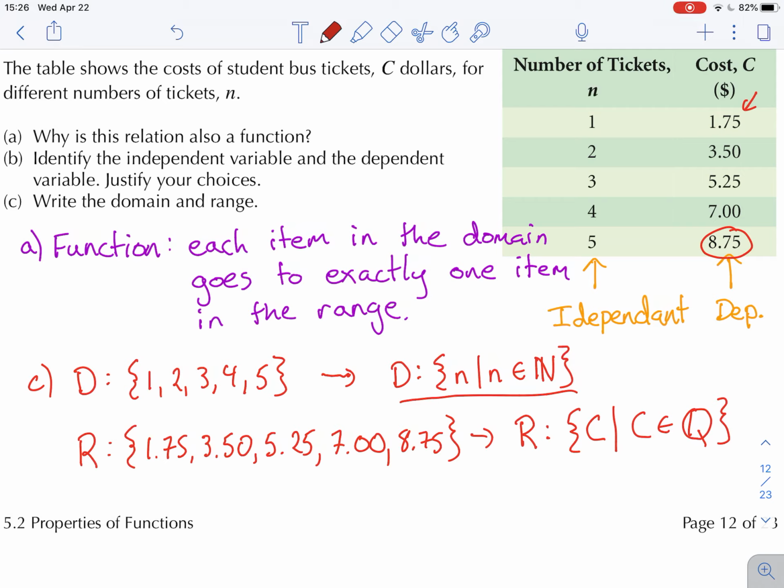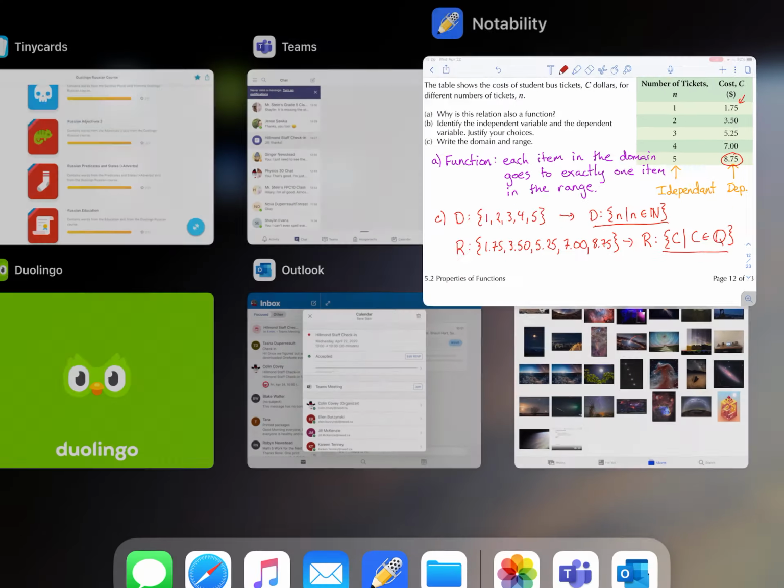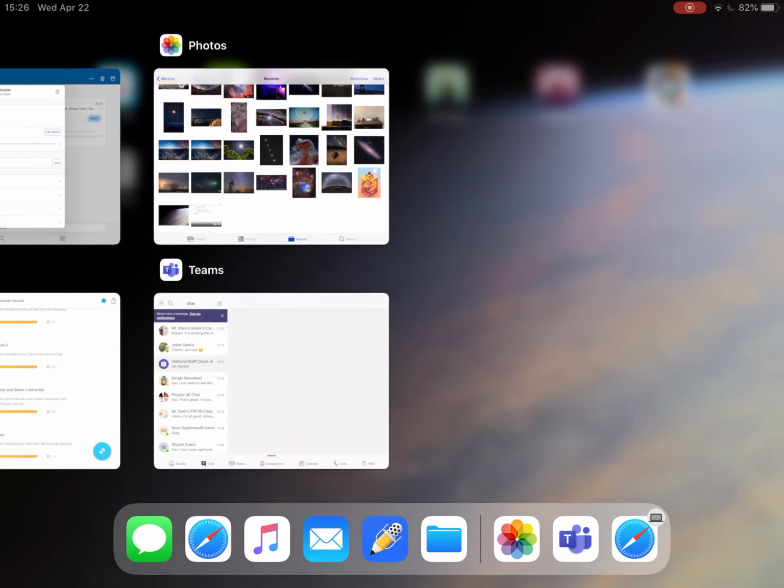It has to terminate after 2 decimal place values. So our range is our value c, such that c could be some rational number. And what that rational number is depends on the number of tickets sold. Or sorry, the number of tickets bought. Okay, so this is identifying the domain and range and writing the domain and range in set notation.